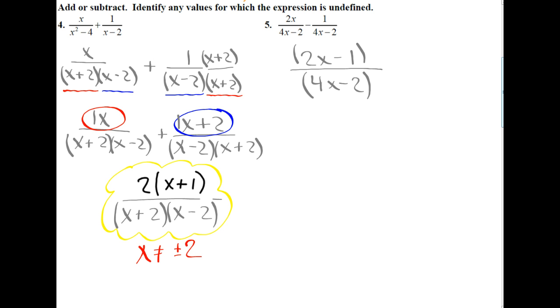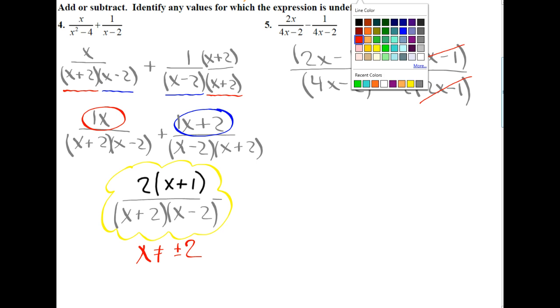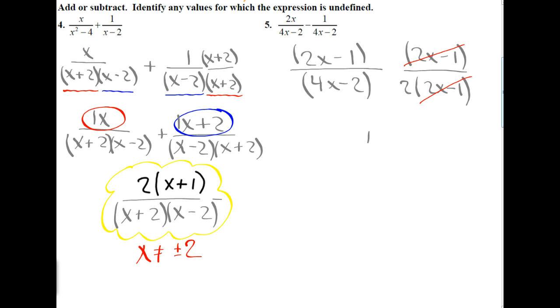So I can factor the denominator. I can take a 2 out. And when I do that, lo and behold, I have the ability to get rid of these factors 2x minus 1. So really this is equivalent to 1/2. And the restrictions is that x cannot equal positive 1/2.